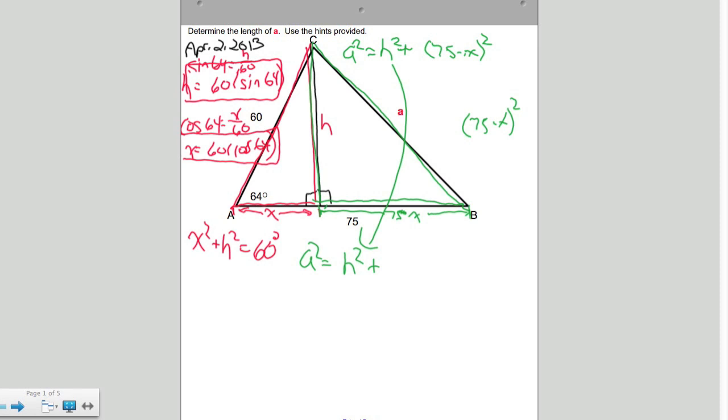But I want to go somewhere with it. So how do we do a binomial quantity squared? Oh boy. Okay, well let's not get the actual numbers.